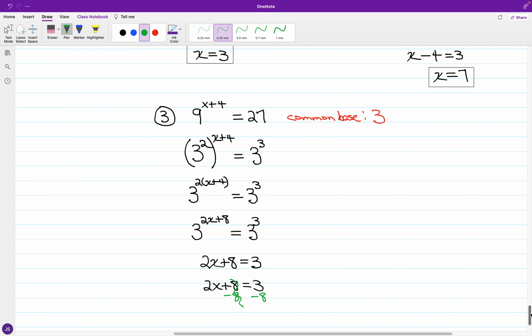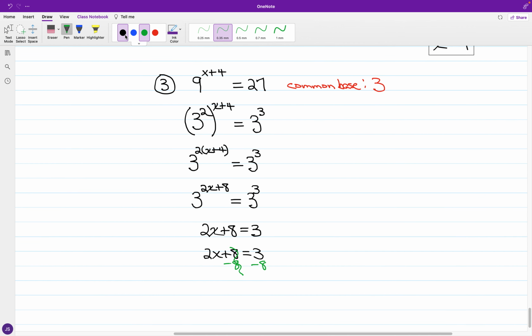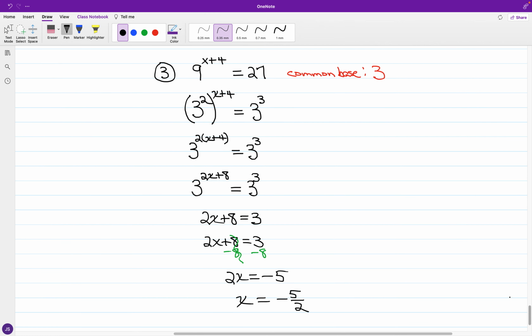And taking 8 away from both sides, we have that 2x is equal to negative 5. And if I divide by 2, we're going to come out to a negative non-integer value for x. In this case, x is equal to negative 5/2.